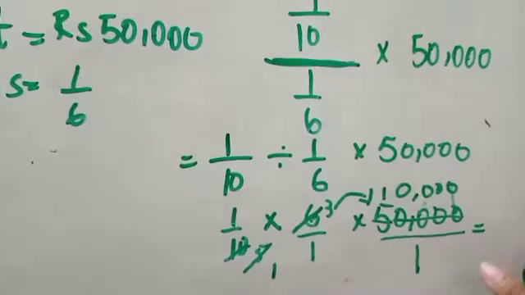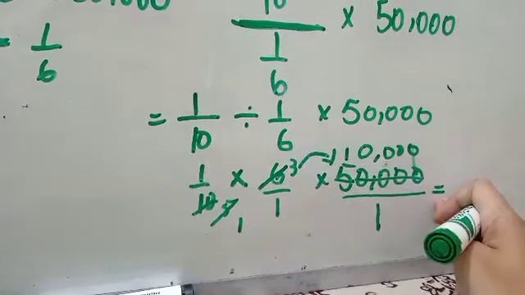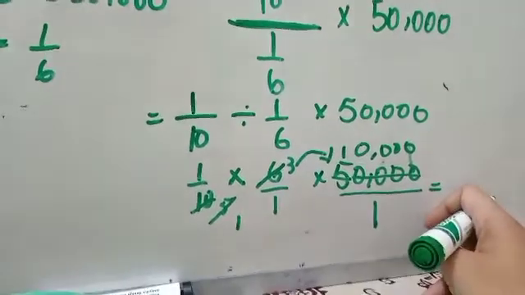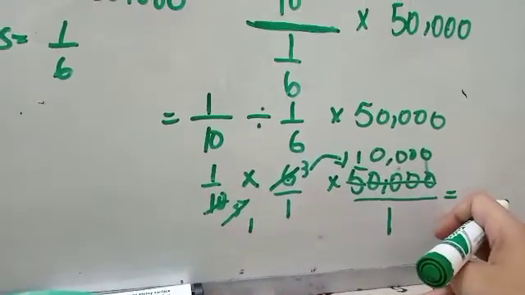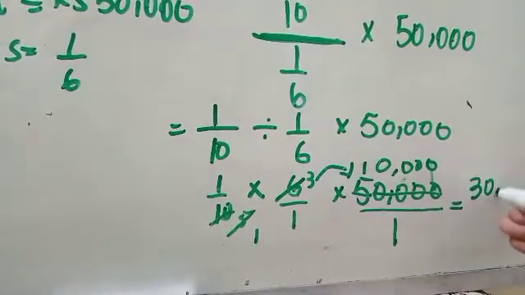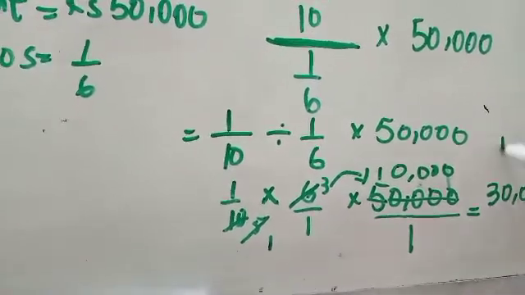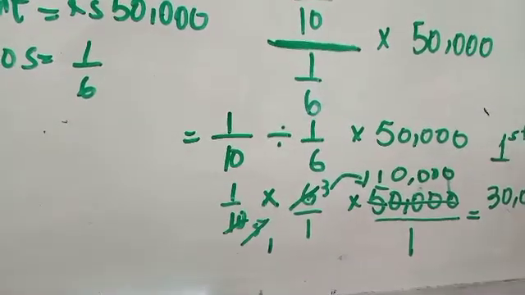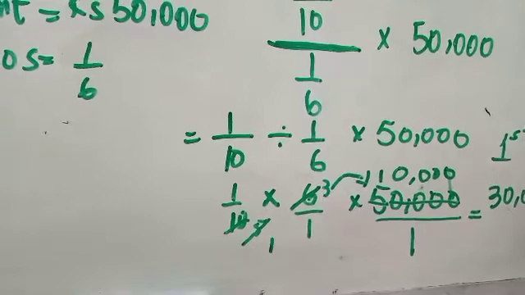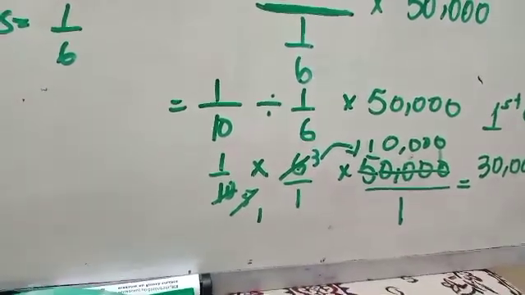I am doing it here, but please students, you will do it vertically down. You will not write is equal to on the same line. I do not have space and that's why I am writing on the same line. 3 multiplied by 10,000 is equal to 30,000. So the first charity will get 30,000.